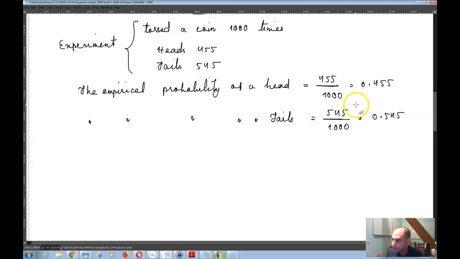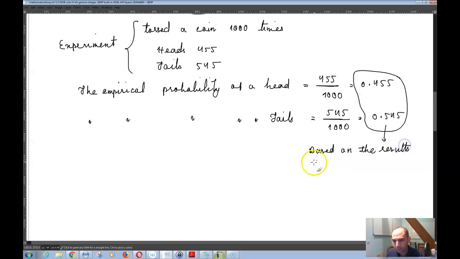Of course, you understand that these probabilities are based on the results of an actual experiment. These two numbers are based on the results of an actual experiment of tossing a coin 1000 times.